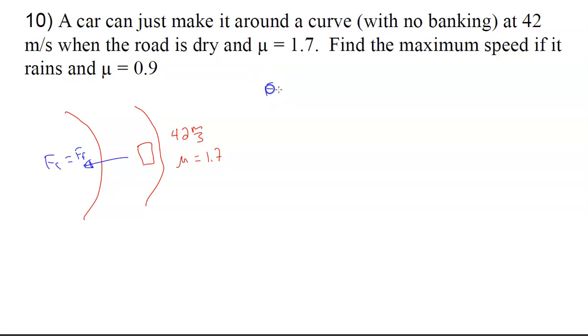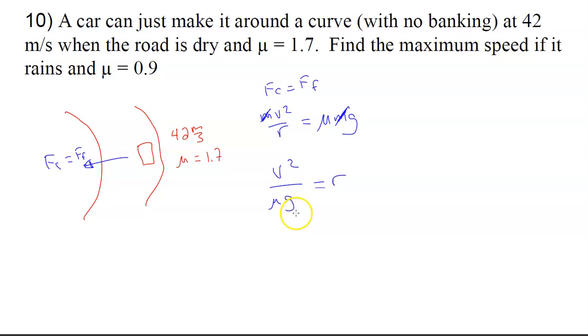So if I write F sub C equals F sub F, F sub C, of course, is mv squared over r. The friction on a flat surface is mu mg. And the mass of the car cancels, and I could come through here. I've got V, I've got mu, I've got G. I could solve this for R. So let's move everything around like so.